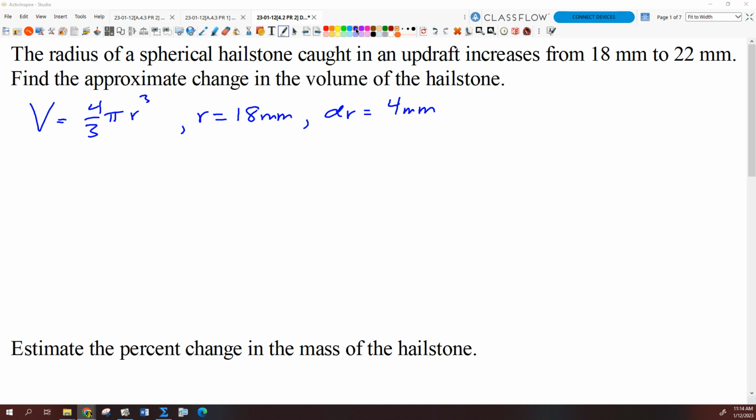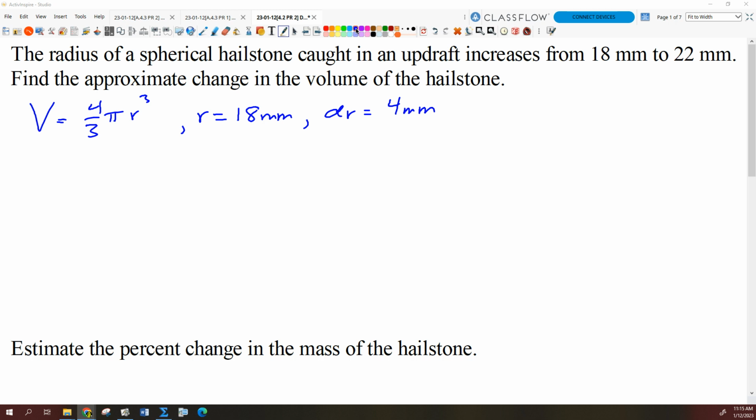Okay, good. What are we trying to find here? Change in volume. So what is that? dV, right? What's delta V? That's a little different.